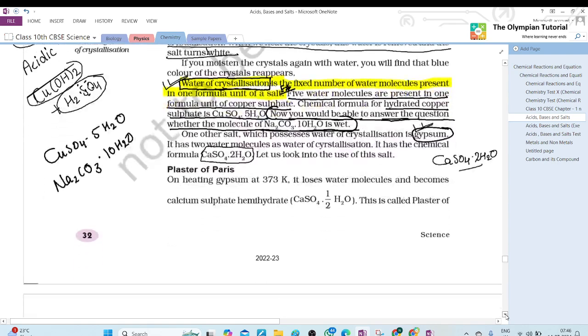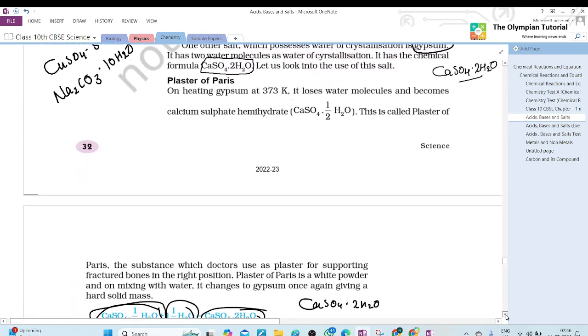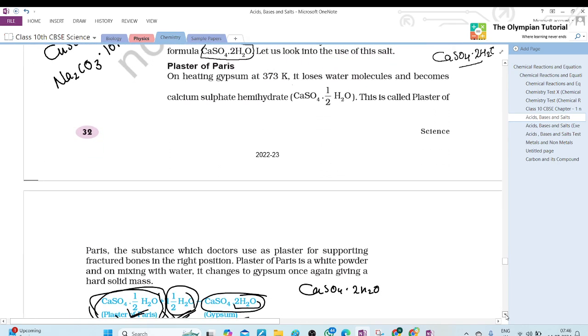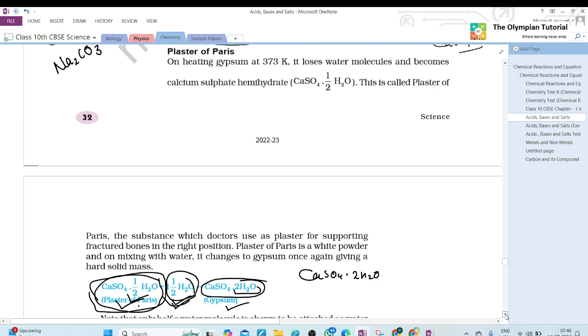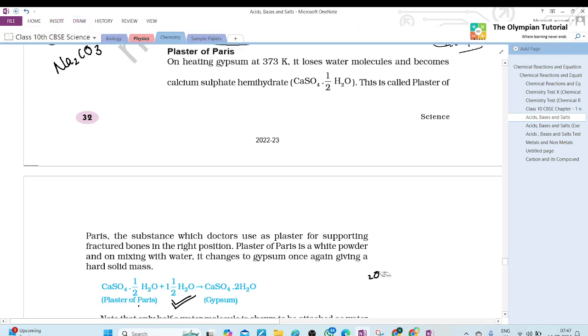Plaster of Paris, have you ever heard of it? Students, what is gypsum? I told you. Gypsum is CaSO4 having 2H2O. And what is plaster of Paris?